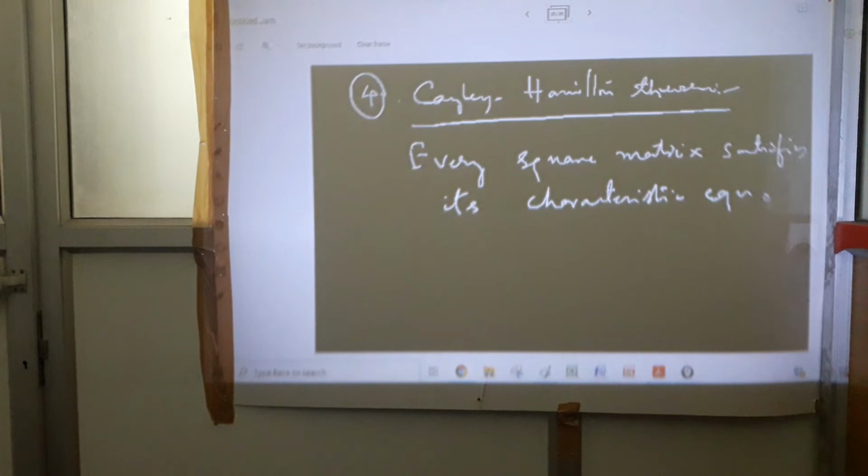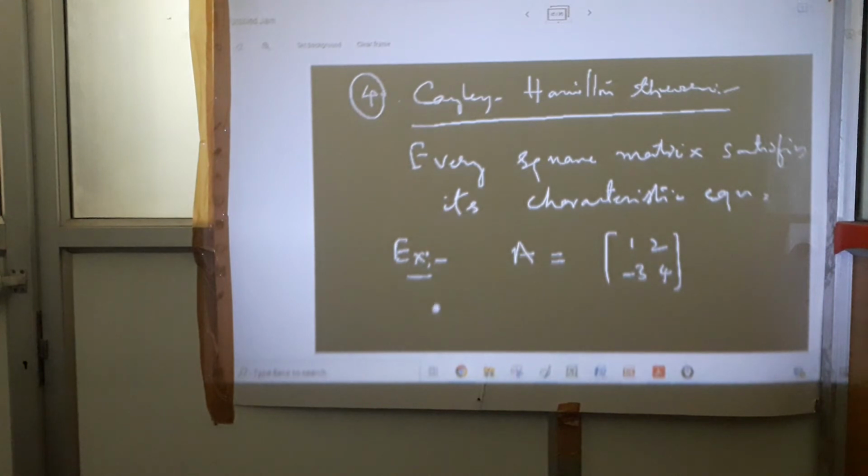Now what is the meaning of this one? Suppose, for example, A is equal to 1 2 3 4; for the sake of simplicity I have written just a 2 by 2 matrix. Every square matrix, whether it is 3 by 3 or 10 by 10 order, whatever it is, will satisfy its characteristic equation.